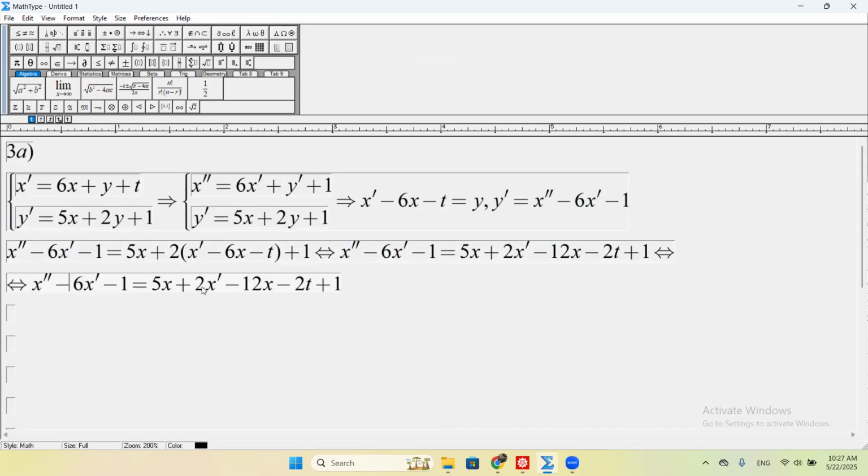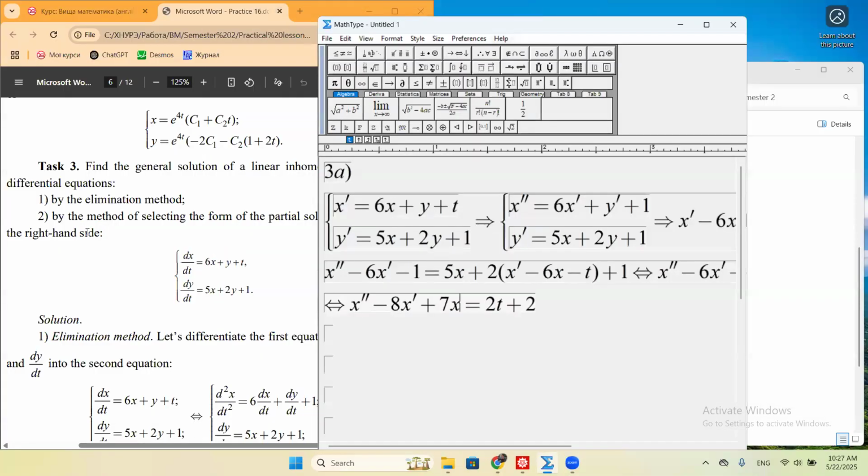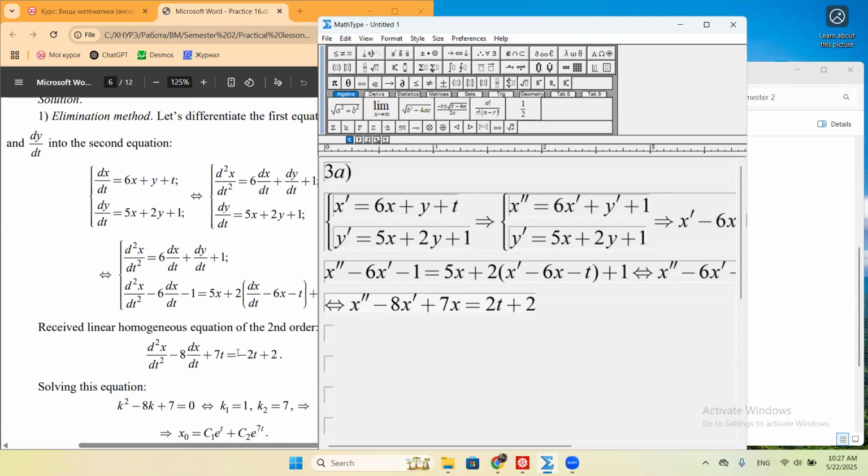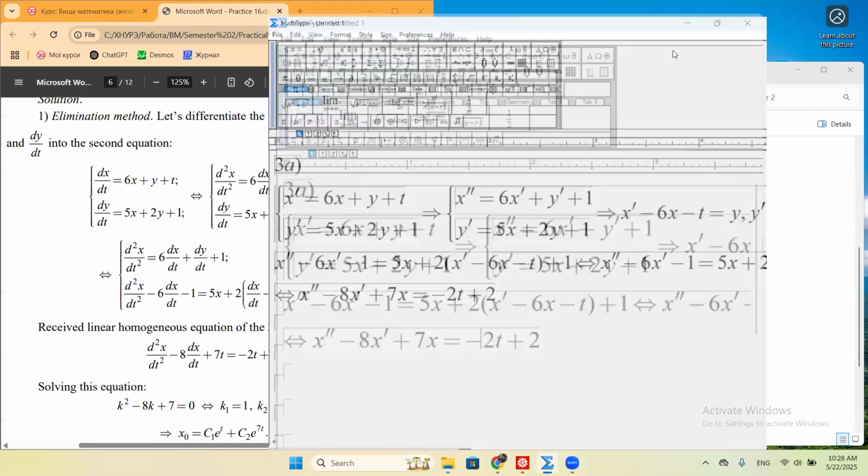So here what I have, 2x prime, so here minus 8x and here minus 7, so plus 7x. And here will be minus 2t plus 2. Let me check, so yeah, minus 2t plus 2.